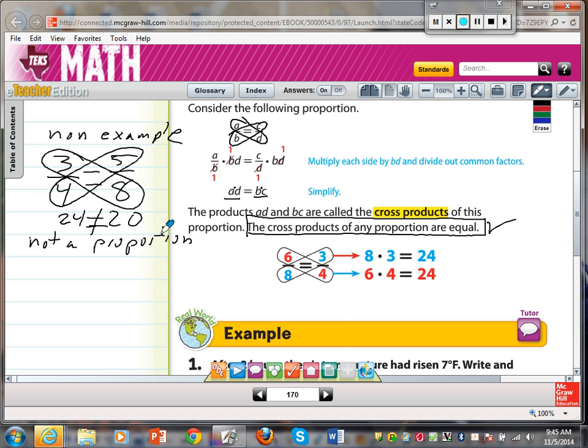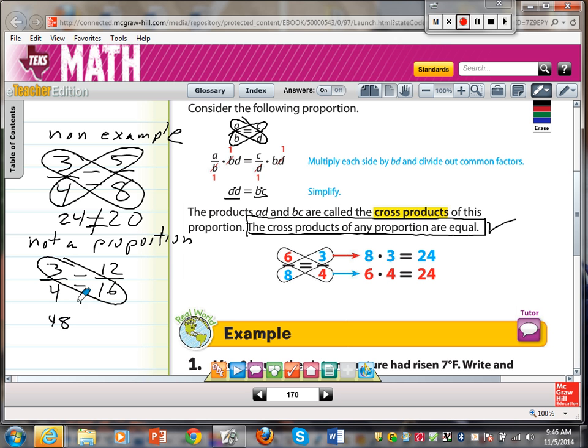On the other hand, if you have a fraction, for example, 3/4 is equal to 12 over 16, let's do the cross product here. If we multiply the product of A and D, that will be 3 times 16, which is 48.